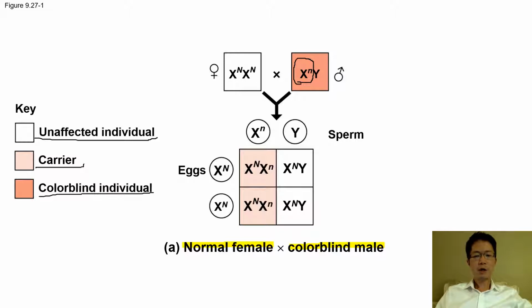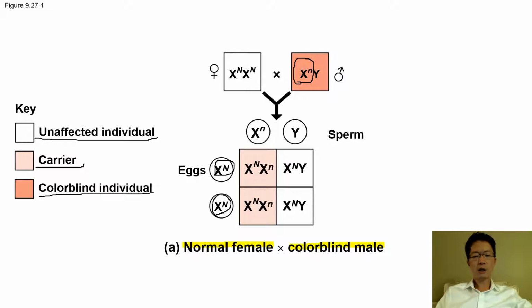So the unaffected female, the normal female with the dominant allele, is homozygous dominant. So the eggs, the alleles in the gametes, are both dominant alleles.